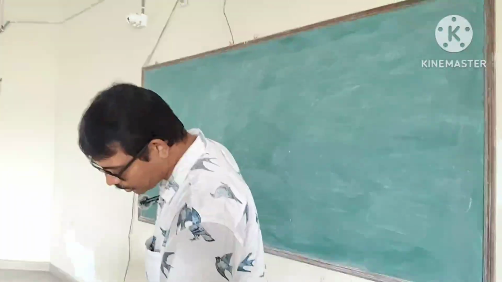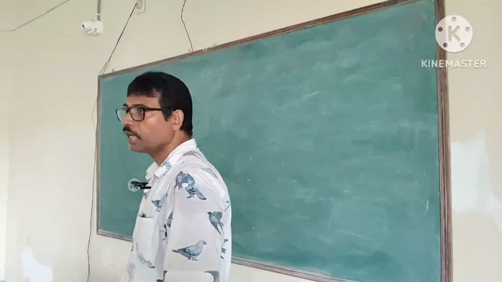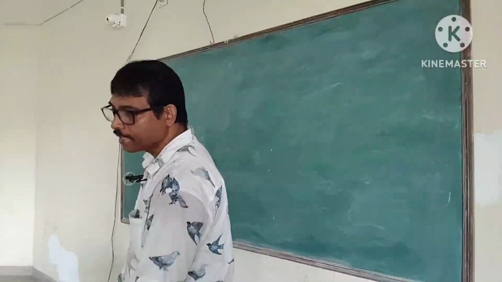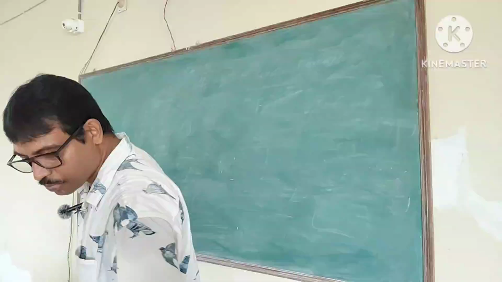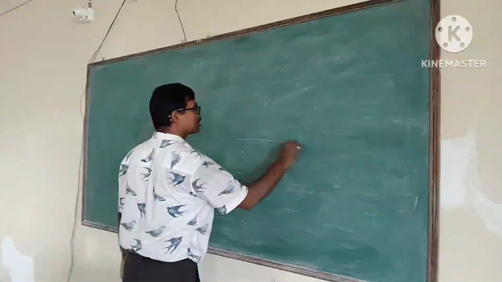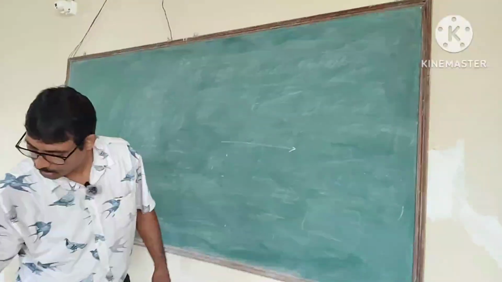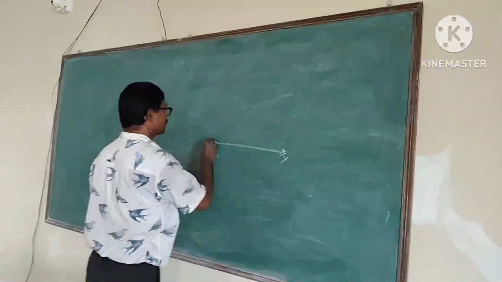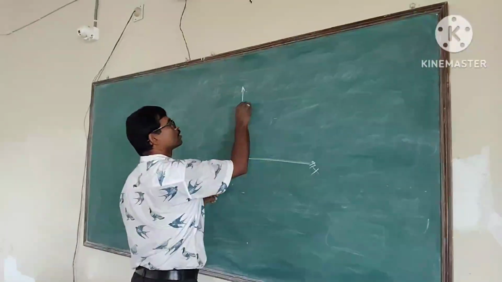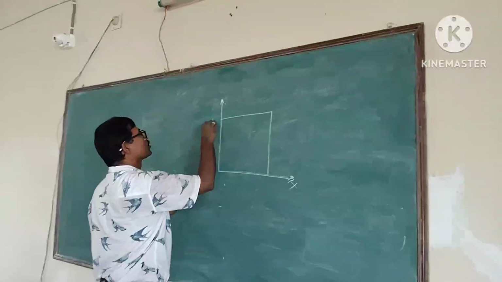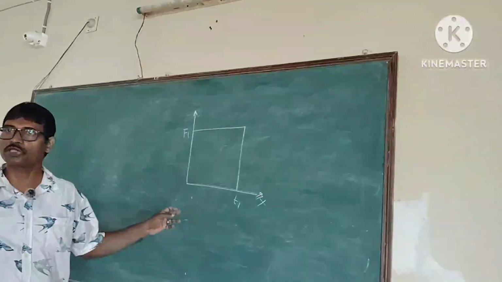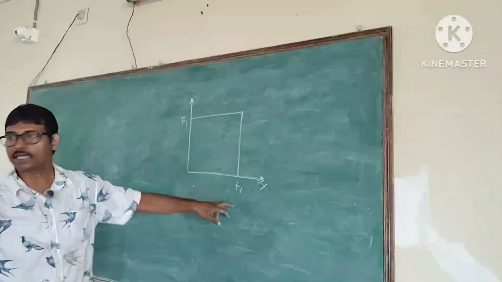One thing to remember: suppose there are two forces, two forces acting in this manner. So one is, suppose force one is in this manner, this is x axis, this one is y axis, so this one is f1, suppose this is in time t1, because impulse is product of force and time, so force first case.